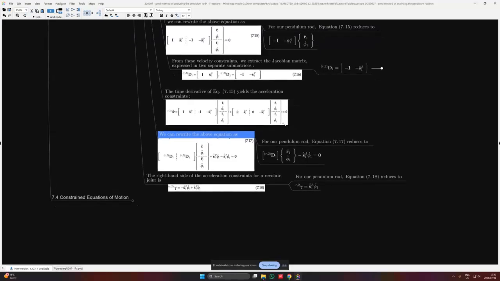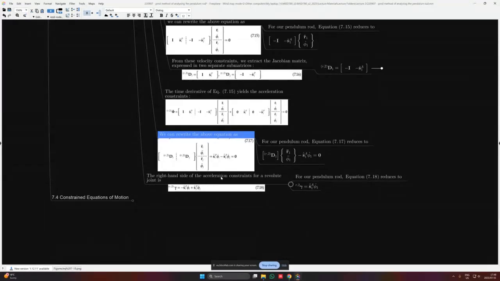Since we have a zero vector over here, it does simplify to some extent as well. And for our pendulum rod, equation 7.17 then reduces to this form that we have over here. Once again, only working with one body, so we can ignore the DJ and the RJ, phi J components over here, so that we are only focused on body 1, or our actual pendulum rod body. And this is then once again equated to 0. This simply follows from the time derivative, where the right-hand side of the equation always remains at 0.